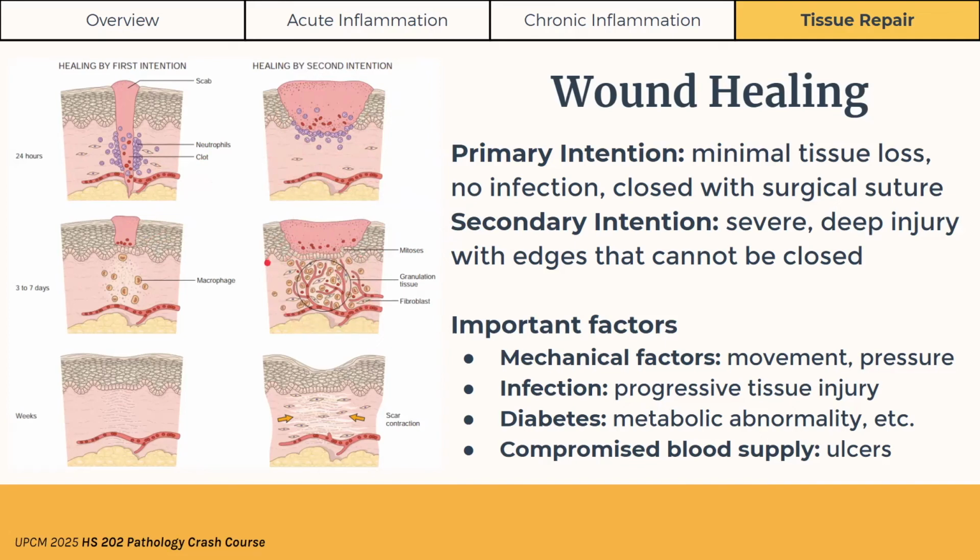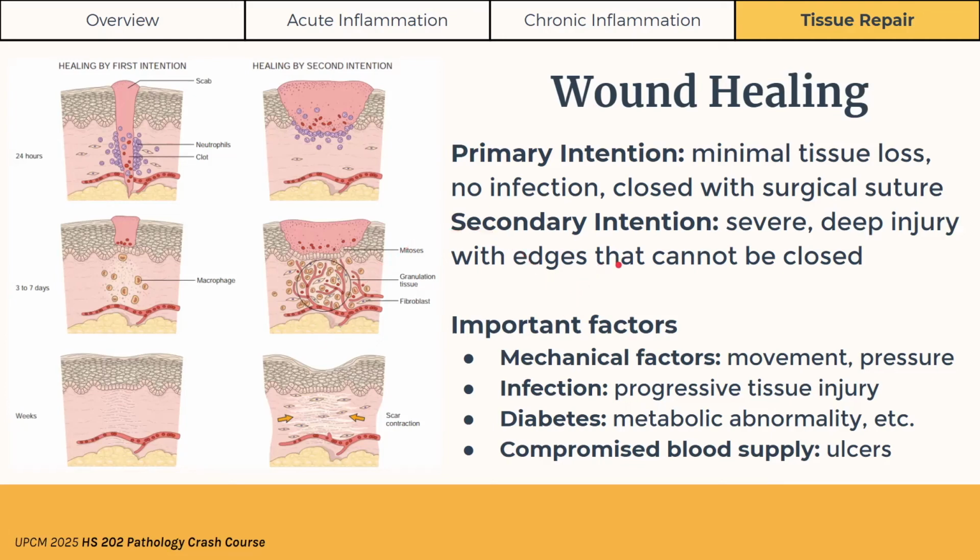Ayan. Tapos, ang important difference actually between the primary and secondary intention is the presence of myofibroblasts dito sa connective tissue mo. Kasi in injuries na kasing laki nung mga kailangan ng secondary intention, they actually have to shrink the area of injury para completely masara yung wound.